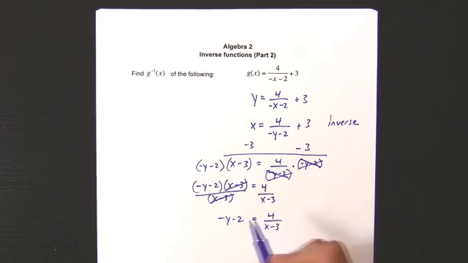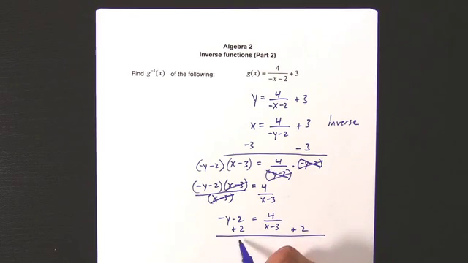Now, I want to get y by itself. So I'm going to get rid of the 2 by adding it to both sides. I'm left with negative y equals 4 over x minus 3, plus 2. And now here's the final move where I take negative 1 times both sides.